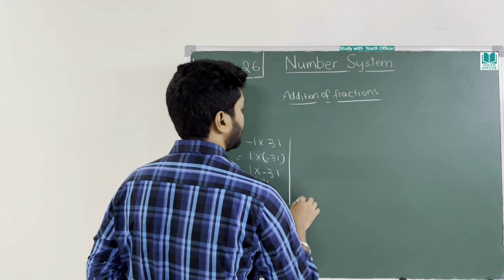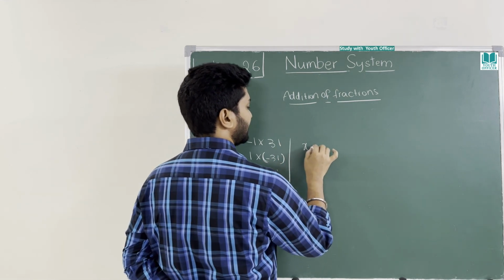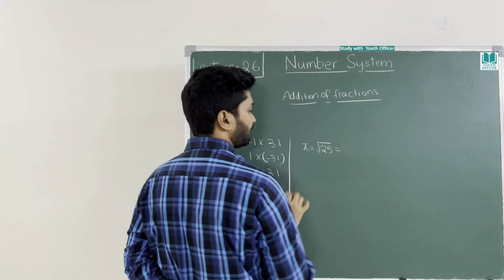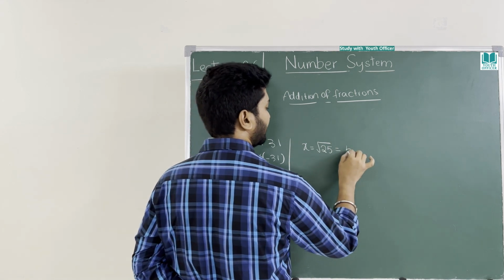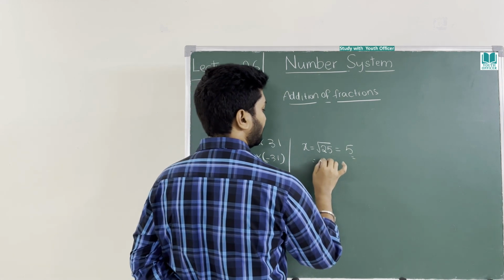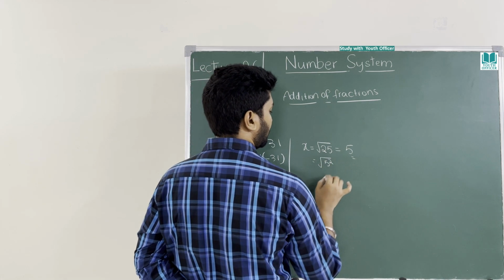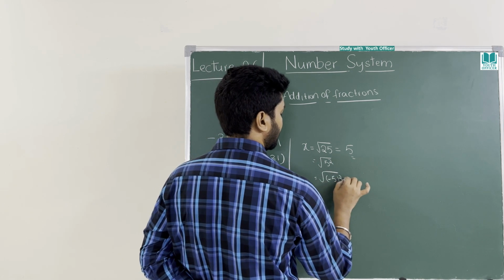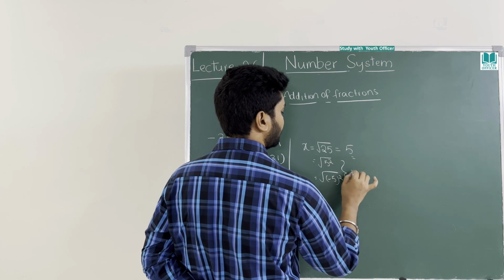Already told you, if there is a square root of 25, directly the answer can be written as 5. Or square root of 5 square, or if they ask square root of minus 5 whole square also, directly the answer will be 5 only.